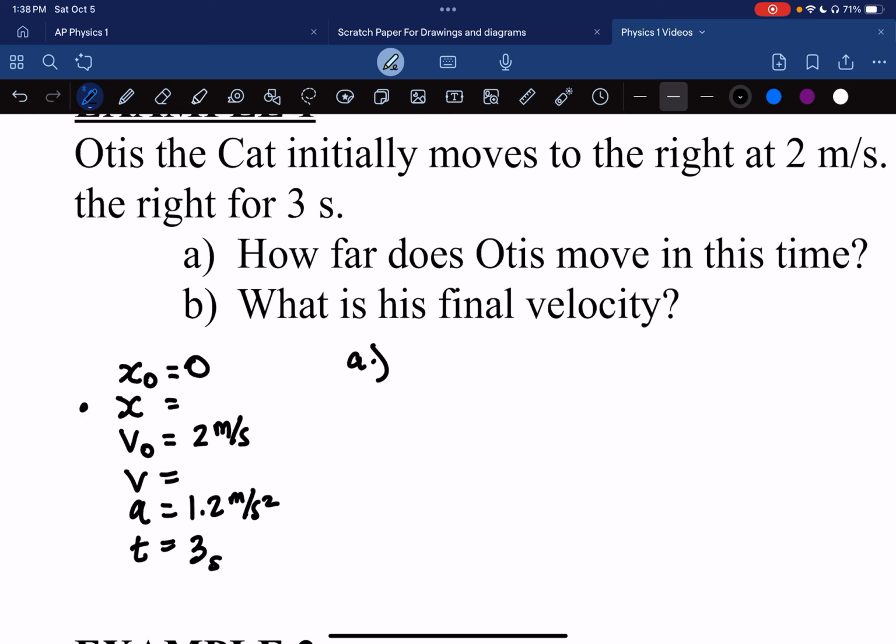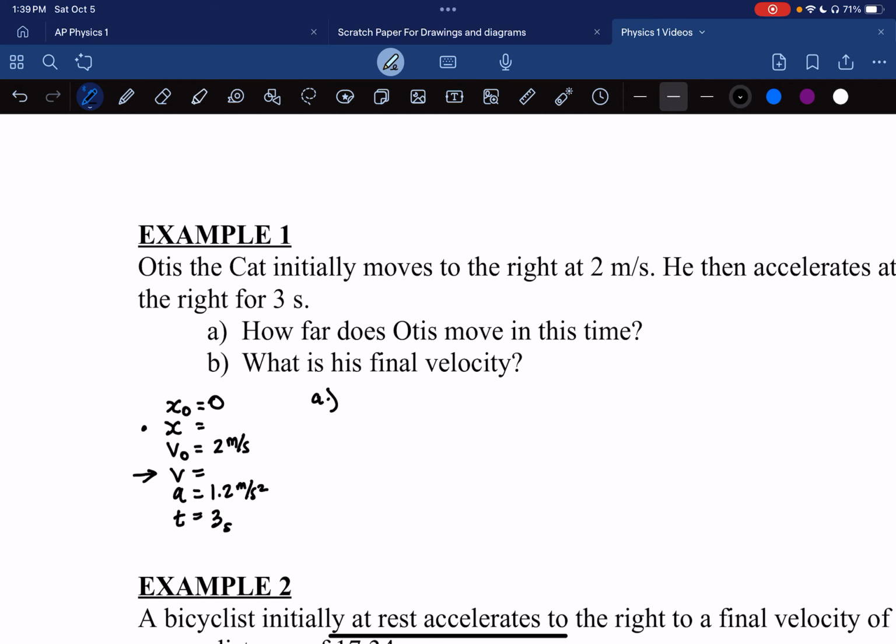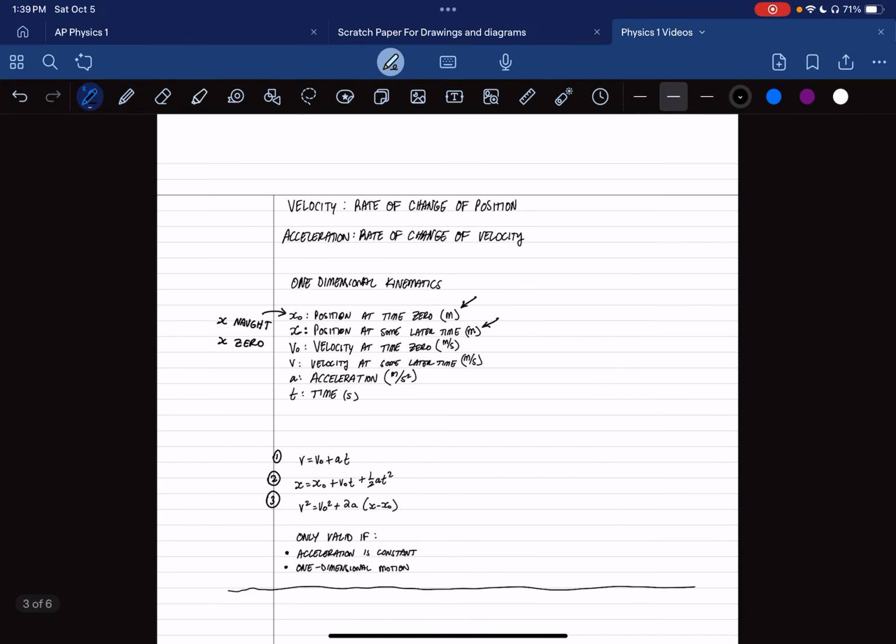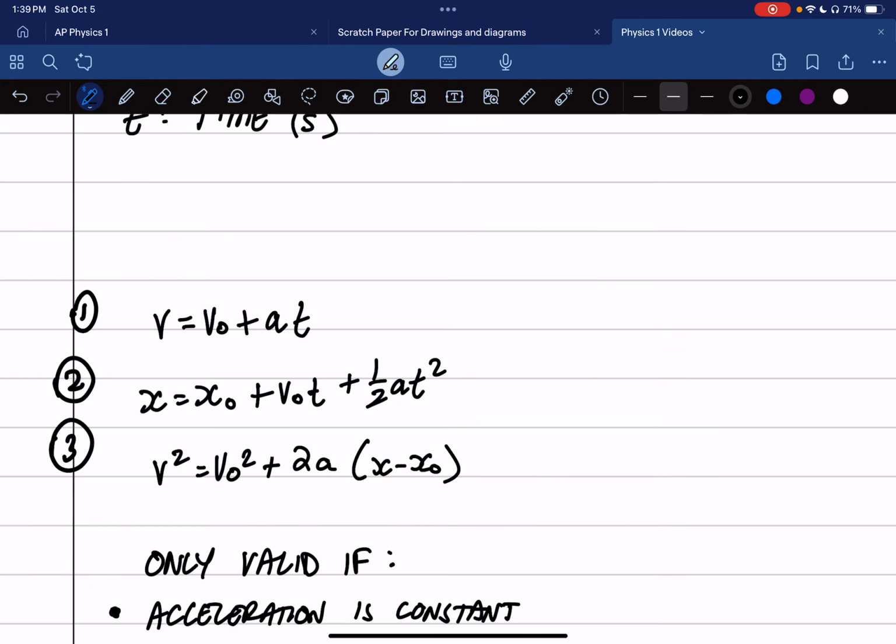So we'll look for an equation with x, but we need to note that we don't have velocity. So our equation should not have two unknowns. You don't want to have an equation that has x and v. Let's make sure it has x, but it's missing v. And these you want to write on your notes and keep them handy.